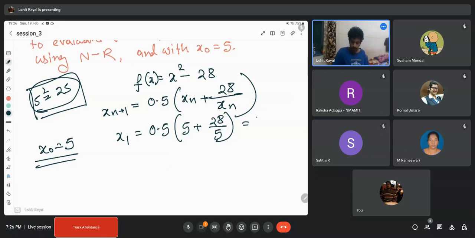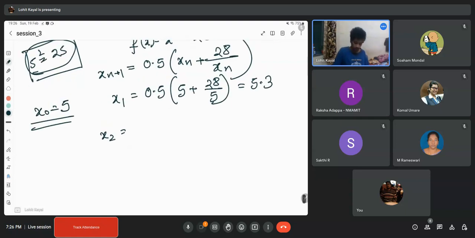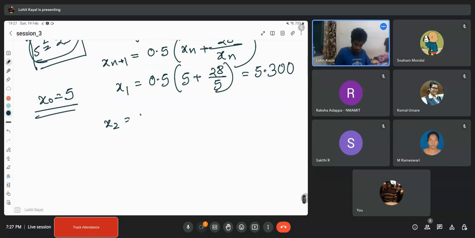So x1 is 5.3. Now my next guess is 5.300, because I need the correct answer up to the 3 decimal places. Here x2 will be 0.5 into 5.3 plus 28 by 5.3.